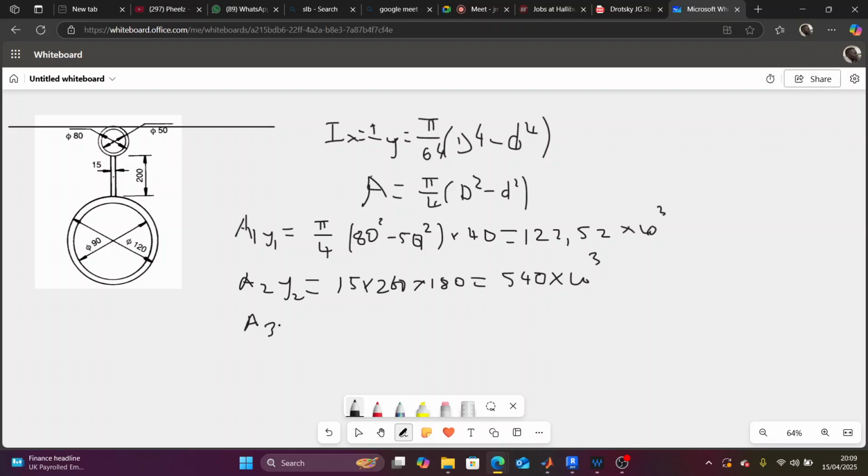Okay. Can we check the third one? A3Y3. Do you agree this is an annulus, right? Yeah. So it's pi over 4. What is the big diameter? 120 squared minus 90 squared. Multiply. What is the distance from reference point to this center? 80 plus 200 plus 60.